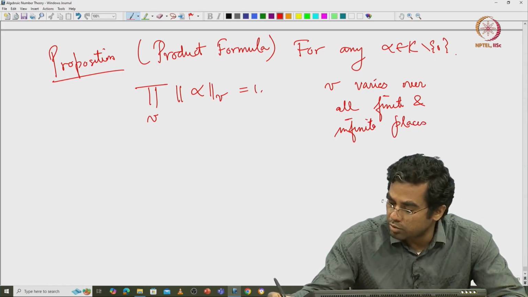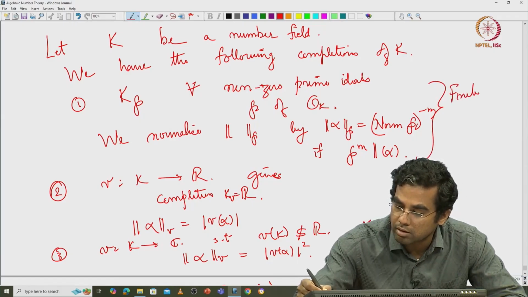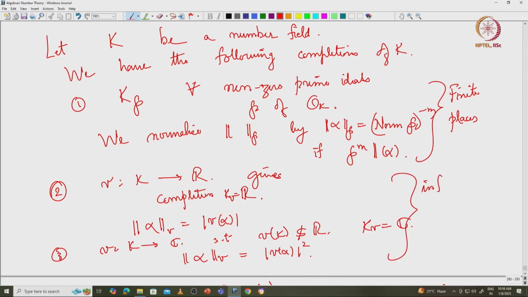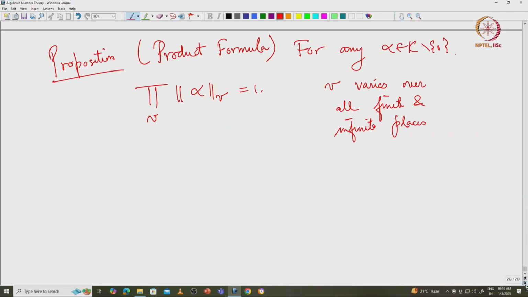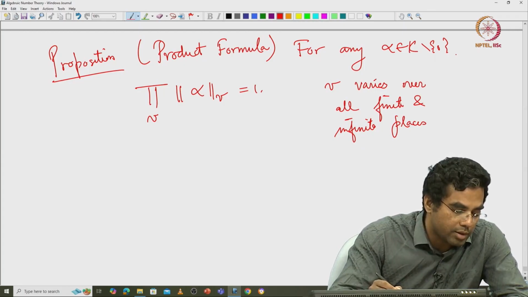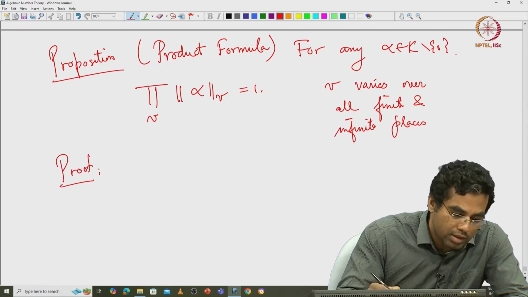Okay. So, let me go back to the previous, these are called finite places and these are called infinite places. Another name for this is Archimedean places and non-Archimedean places. So, this is an infinite product in principle, but almost all but finitely many terms in here are 0. And the proof is really very easy.